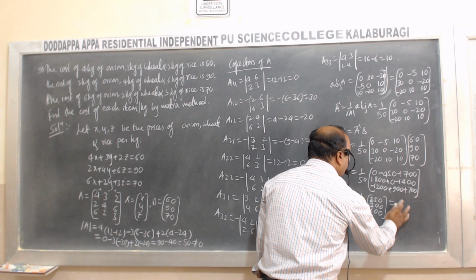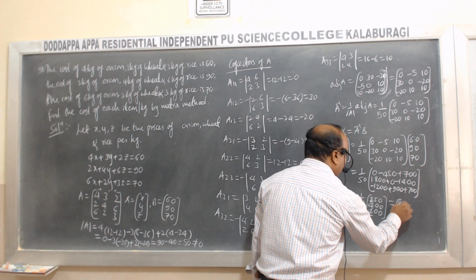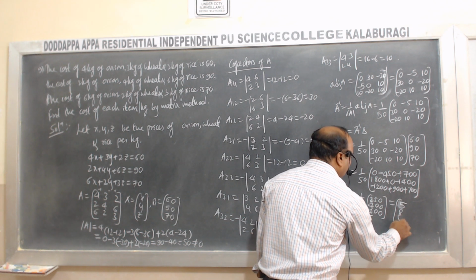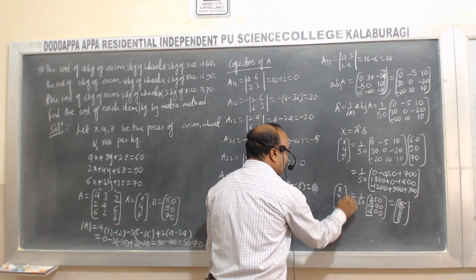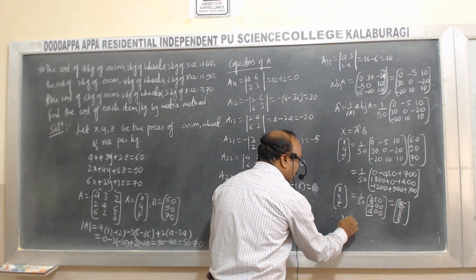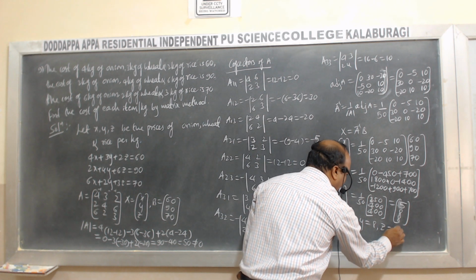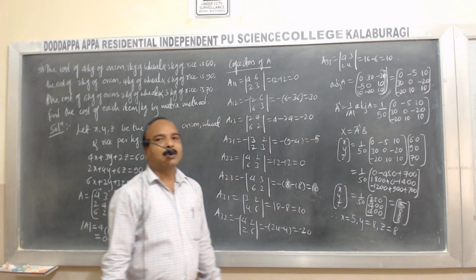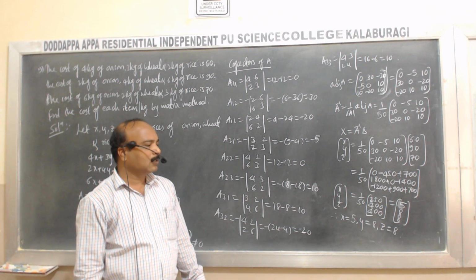Dividing all elements by 50 we get 5, 8, 8. Left hand side is x, y, z. Therefore x equal to 5, y equal to 8, z equal to 8. So these are solutions of this system of linear equations.